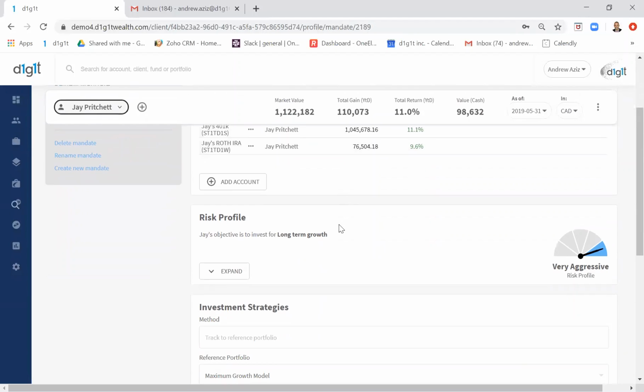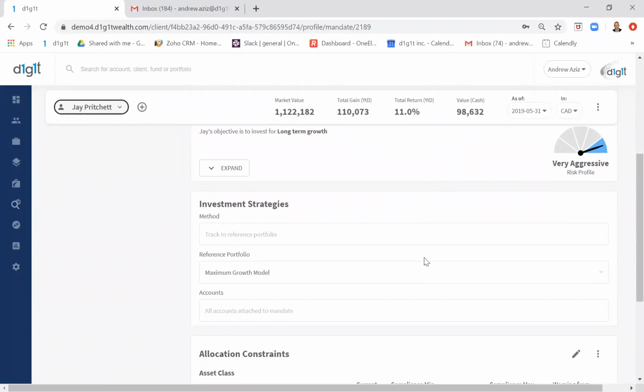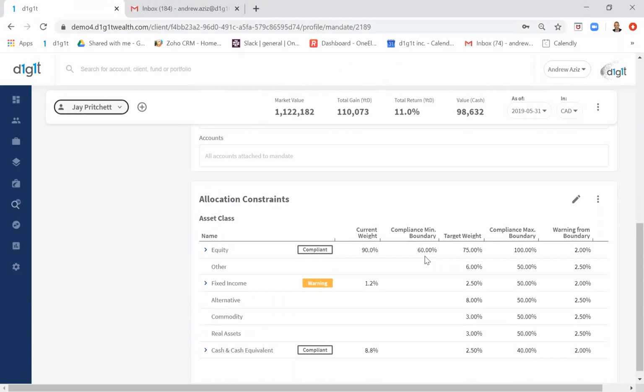And we see that Jay's objective is for long-term growth, and that we have associated a maximum growth model as his target portfolio. And as you can see, Jay's overall asset allocation is compliant with that, with a little bit of a warning on low fixed income allocation.